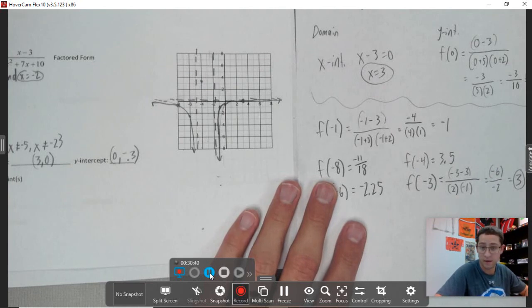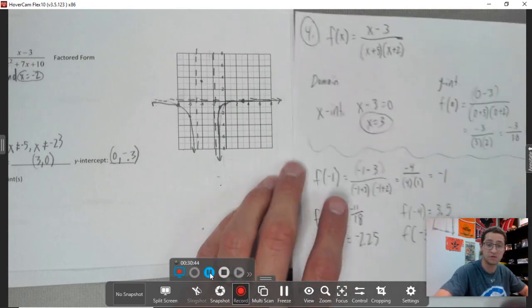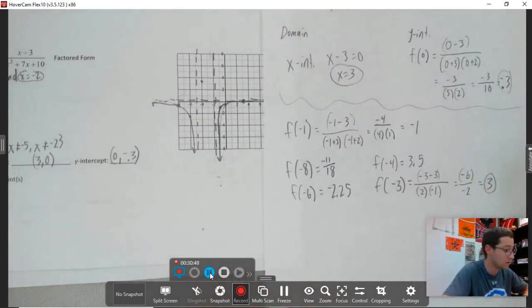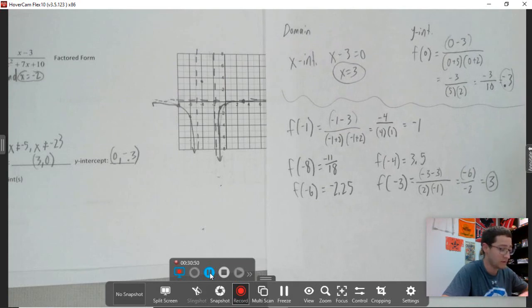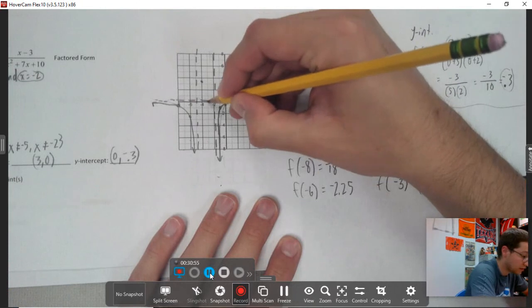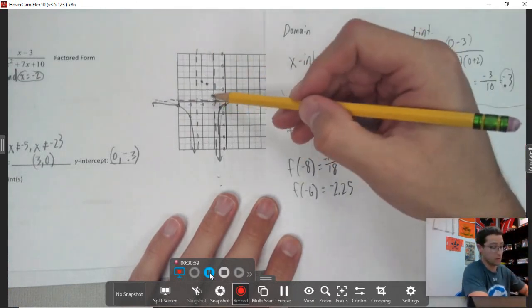And again, I'm just plugging this into my factored form, and that is where I'm getting those numbers from. I'm plugging those values in and getting out a particular y value. So I got (-3, 3). And if you really wanted, you could verify one in between.